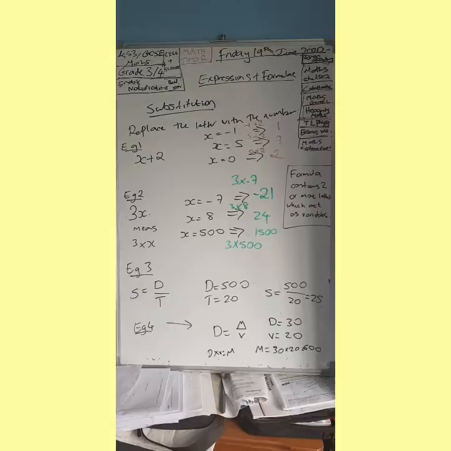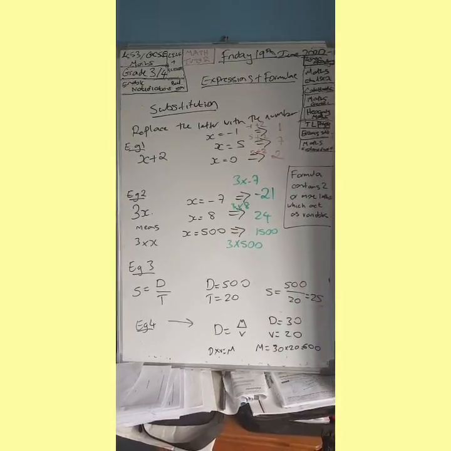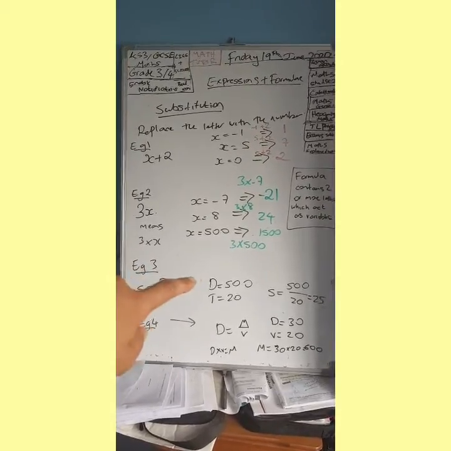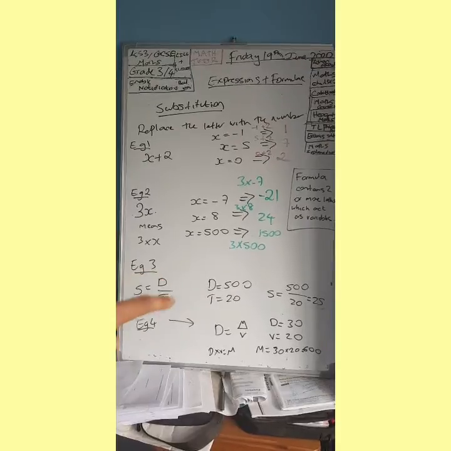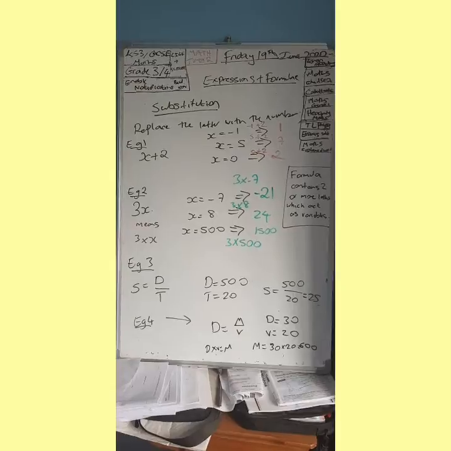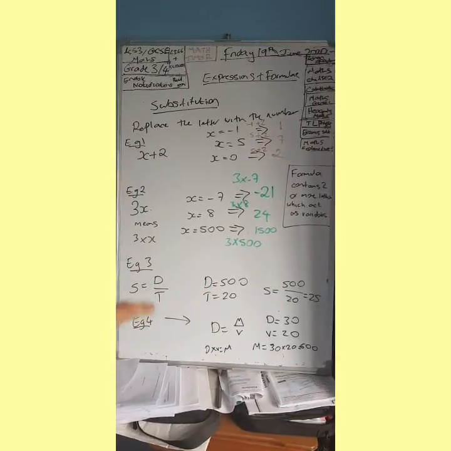Right guys, example 3. You might have seen this before in physics. Speed is equal to distance over time, so S equals D over T. These are what I call a formula. A formula contains 2 or more letters which act as variables and has an equal sign.